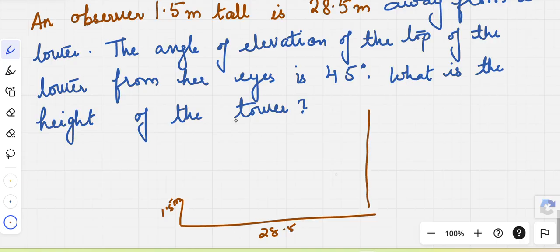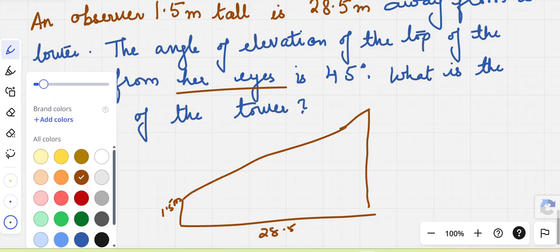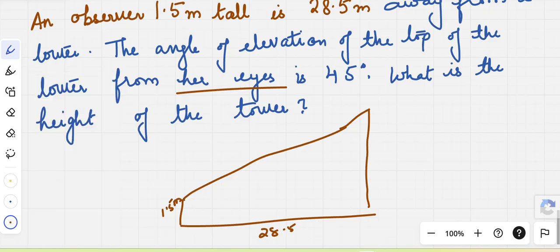The angle of elevation of the top of the tower from her eyes is 45. But how will I make it a triangle now? I will have to draw a parallel line. Parallel line means this also will be 28.5. And now this angle is 45.